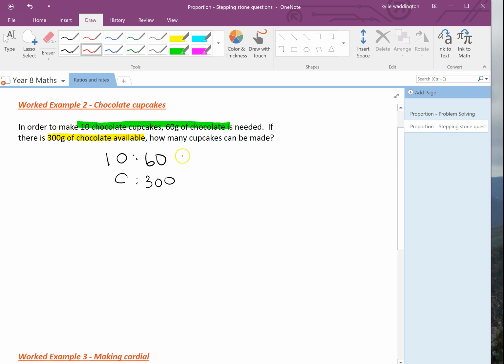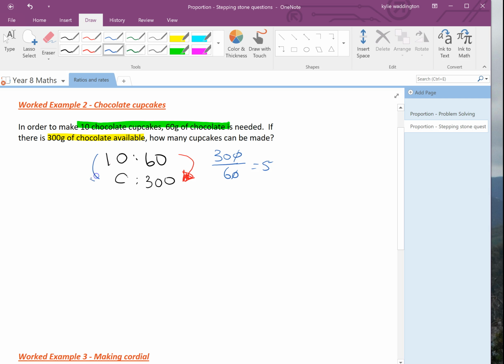So we go, okay, well, what did I do to the 60 to get it to 300? To work out what I multiplied it by, because I must have multiplied in this instance, I solve on my calculator. 300 divided by 60, which actually gives us 5. We've multiplied by 5.